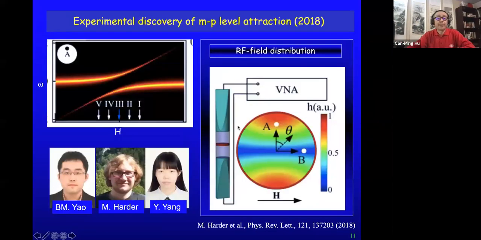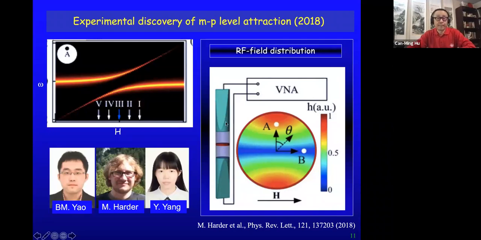Now, experimentally, we discovered this phenomenon around 2018 when the students did the experiment by putting the ferromagnetic material YIG inside this type of special cavity. This cavity is a bit special because it contains standing waves due to the transition of this circular waveguide connected with a rectangular waveguide.